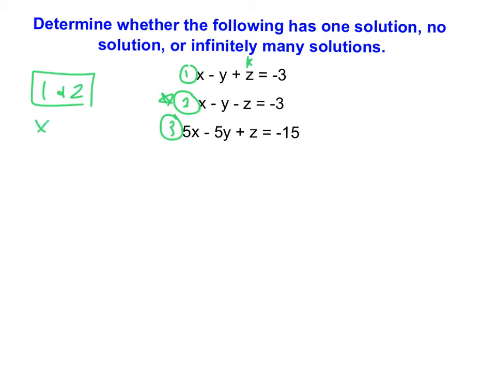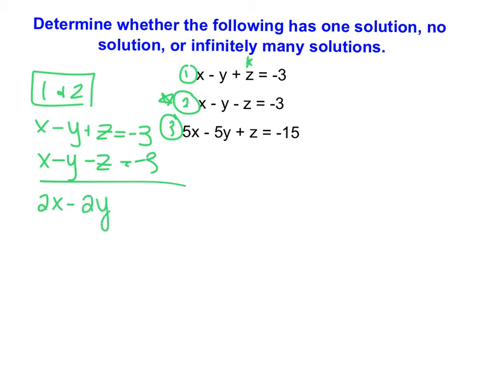I have x minus y plus z is equal to negative 3, and then I have x minus y minus z is equal to negative 3. If we add straight down, we have 2x minus 2y, the z's cancel out, and that equals negative 6.